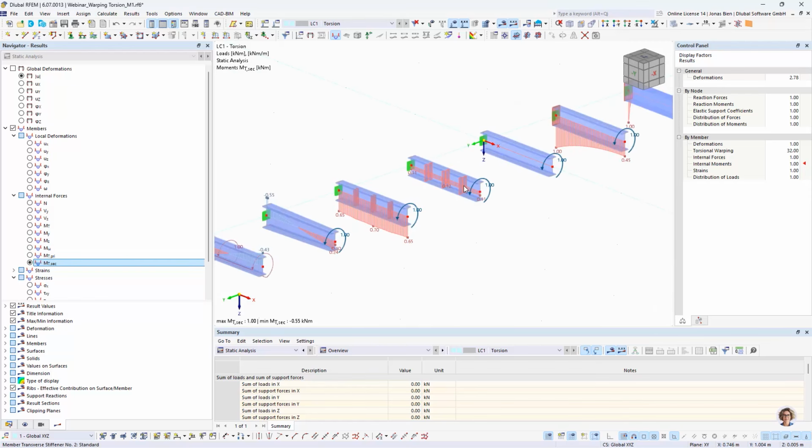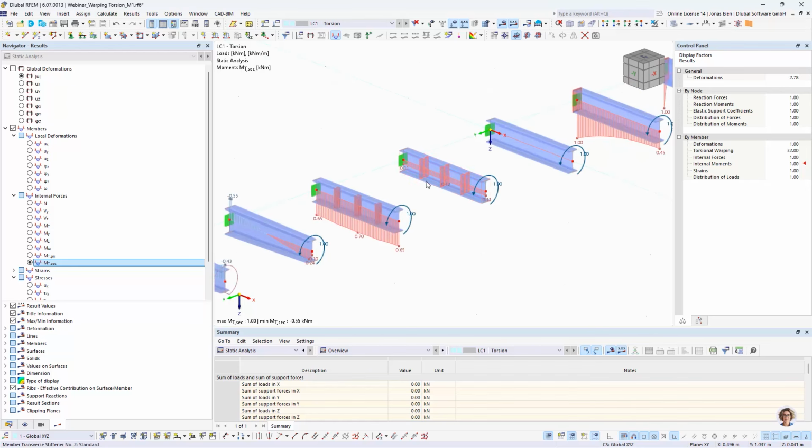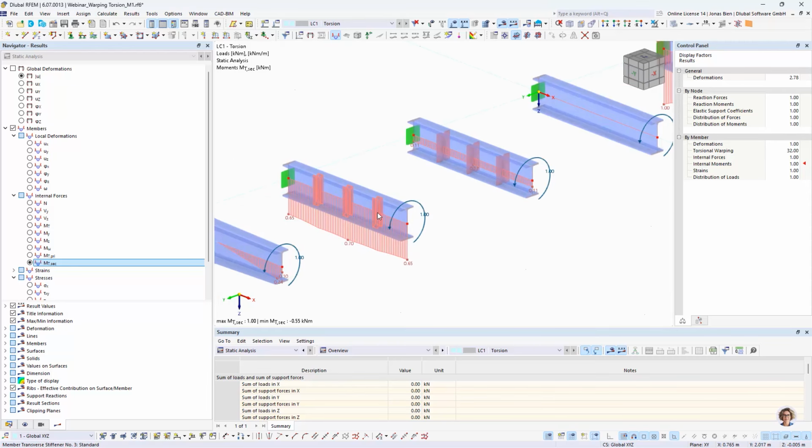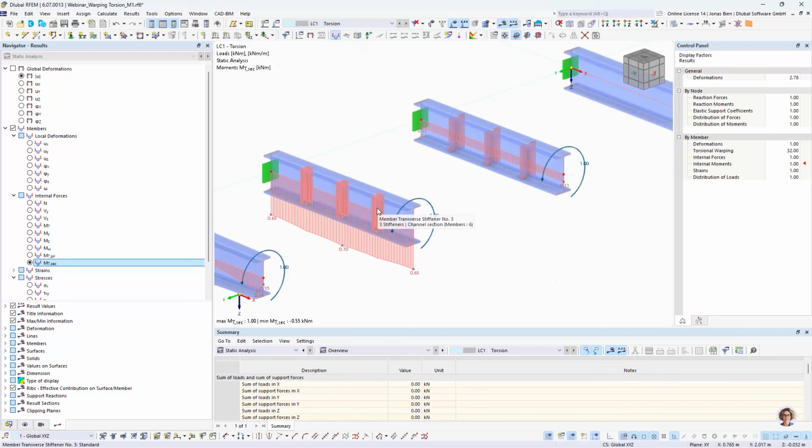And what we can see is that here with our transverse stiffeners, we have quite some share of the torsional moment now going into secondary torsion. And the share is much increased by introducing closed stiffeners actually. So here we have almost 70% of the torsional moment going into secondary torsion.